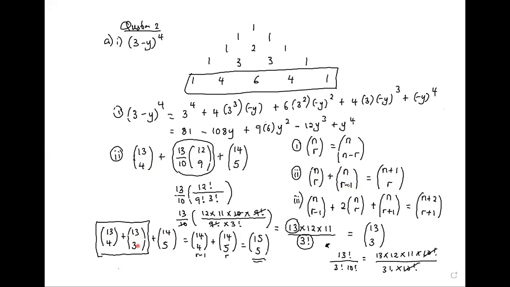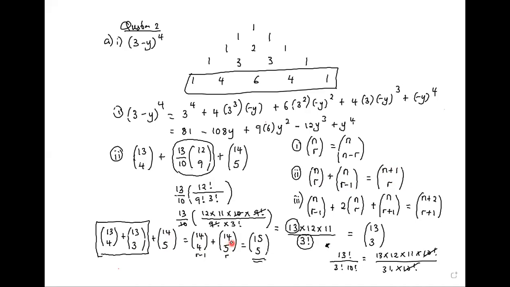So we can write it as n plus 1, so meaning 13 plus 1, choose 4. And 13 plus 1 is 14. That's why now we have 14 is 4 plus 14 is 5 here.